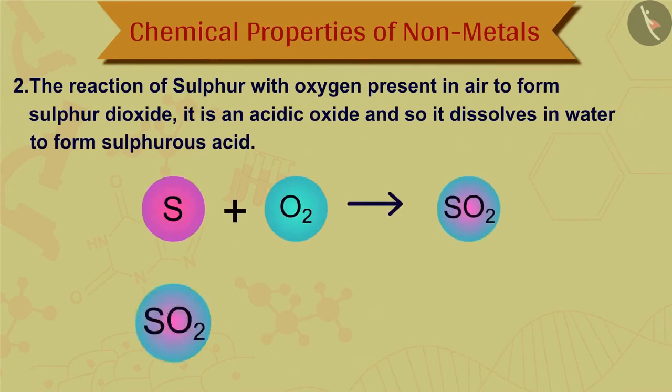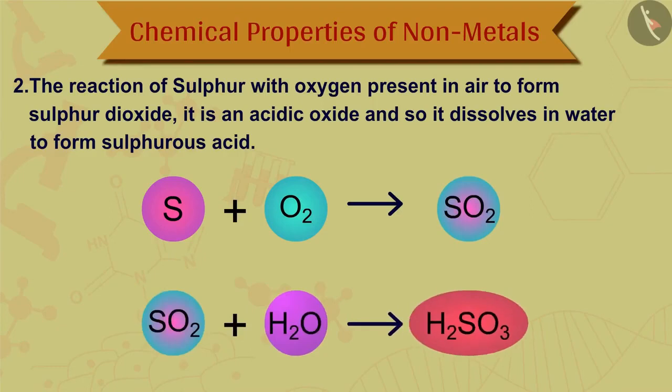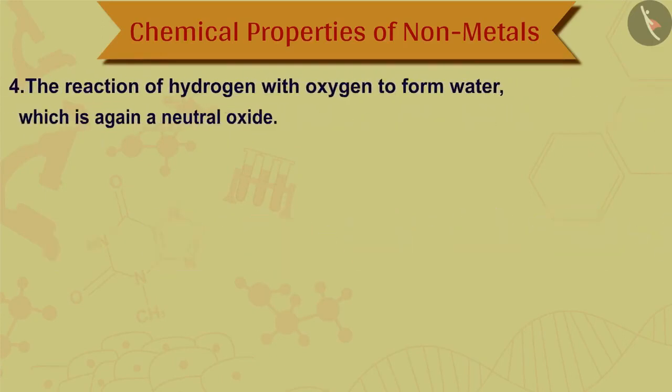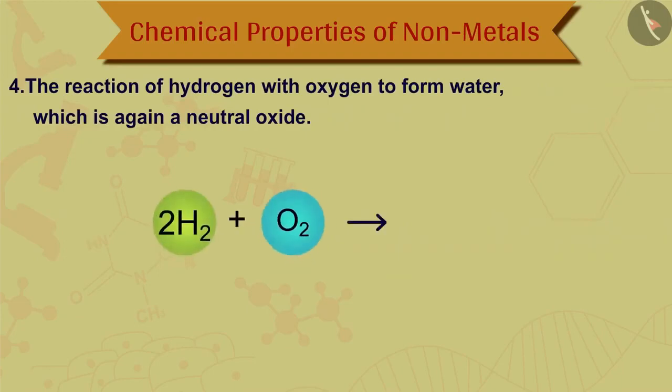It is an acidic oxide, and so it dissolves in water to form sulfurous acid. 3. The reaction of carbon with insufficient supply of oxygen. Then it forms a neutral oxide called carbon monoxide. 4. The reaction of hydrogen with oxygen to form water, which is again a neutral oxide. H2 plus O2 results in H2O.